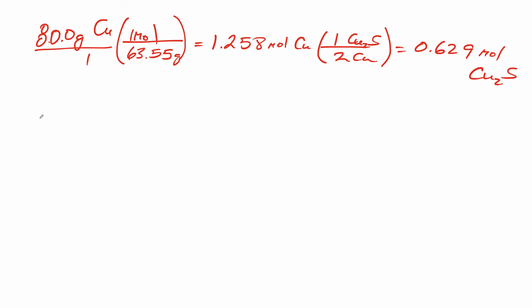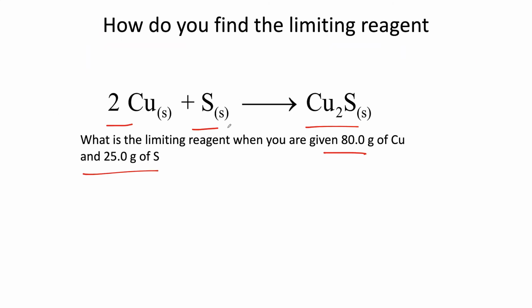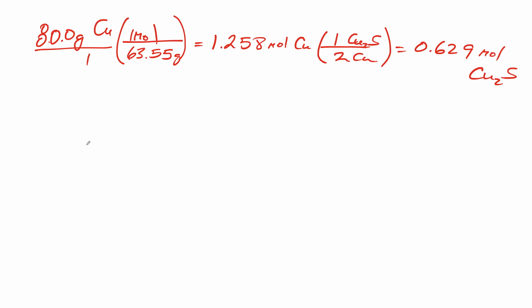Now we're going to start off with sulfur. Sulfur is going to be 25 grams. So start over here at 25 grams, and then we divide by the molecular weight of sulfur, which is 32.09.